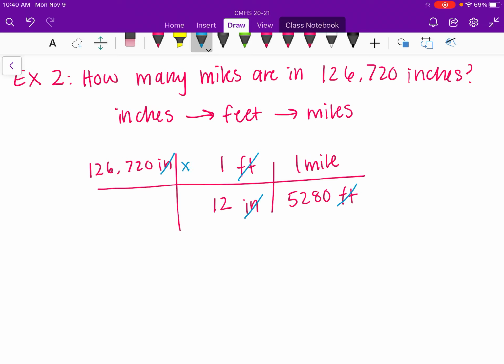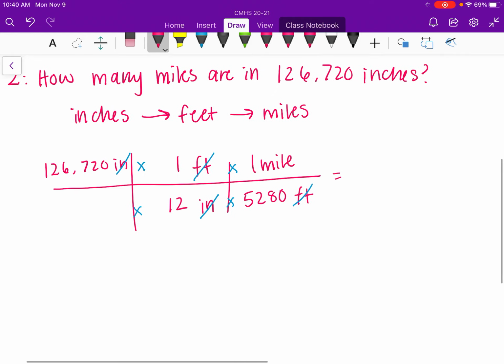Remember, let's multiply across the bottom and multiply across the top. So on the top we have 126,720, and on the bottom we have 12 times 5,280, and that is 63,360.